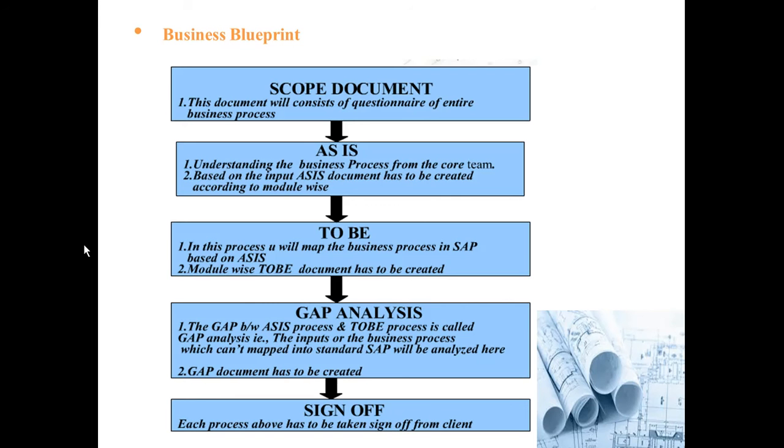So first I need to know the as-is process, which means I need to understand what they have in their current business. My second step is the to-be. To-be means what your expectation is from my SAP software. Some of the processes you might not have in your current system, but you want them in the SAP system.